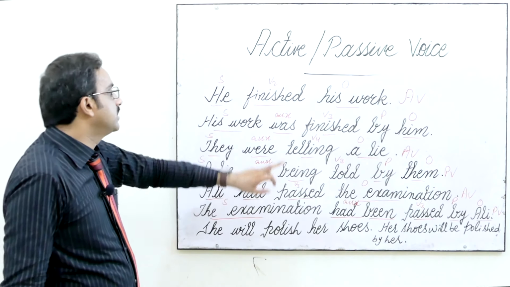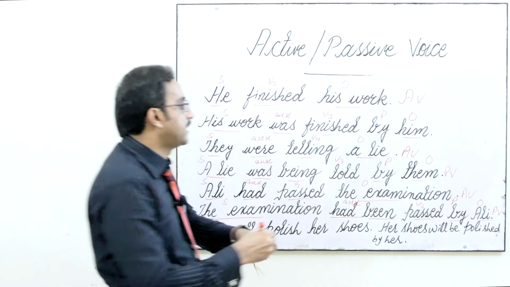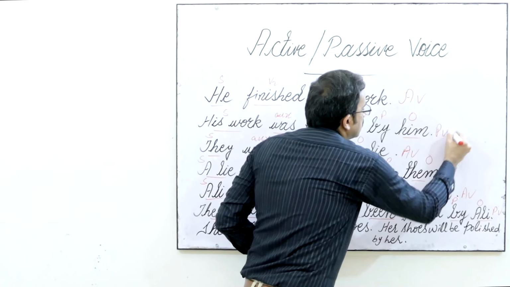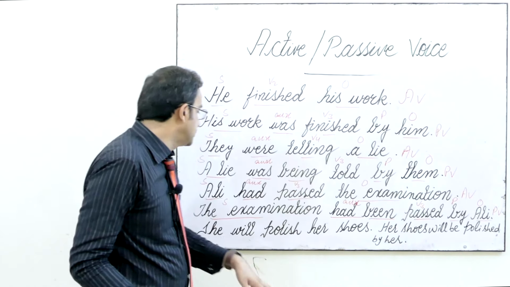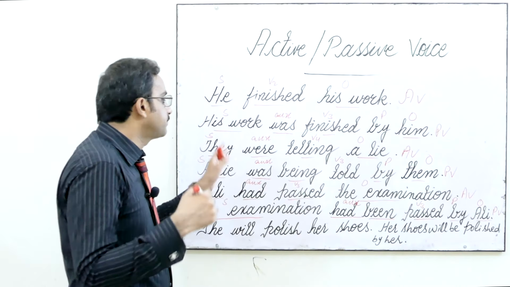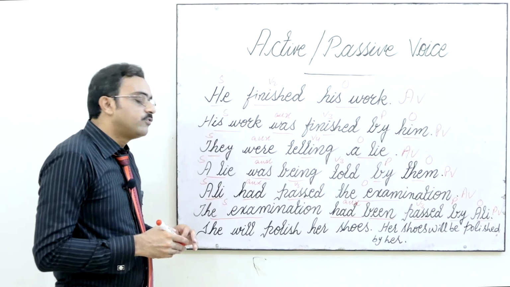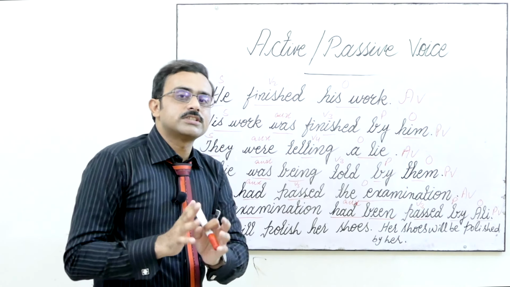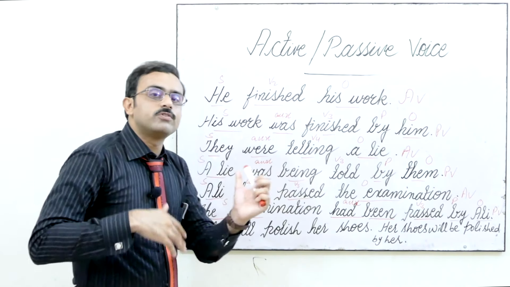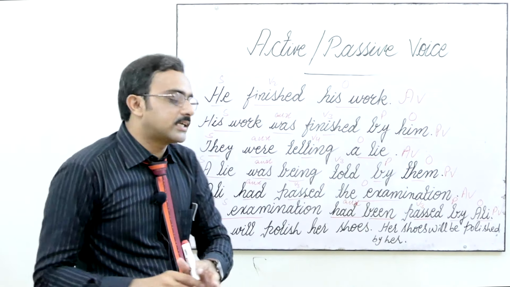First of all, we discussed the past simple active into passive voice. Then we discussed past continuous active into passive voice. Then we discussed past perfect active into passive voice. Now look at the future simple. I'm only discussing just future simple. Rest of the material of future would be discussed in some other lesson, in some other lecture.